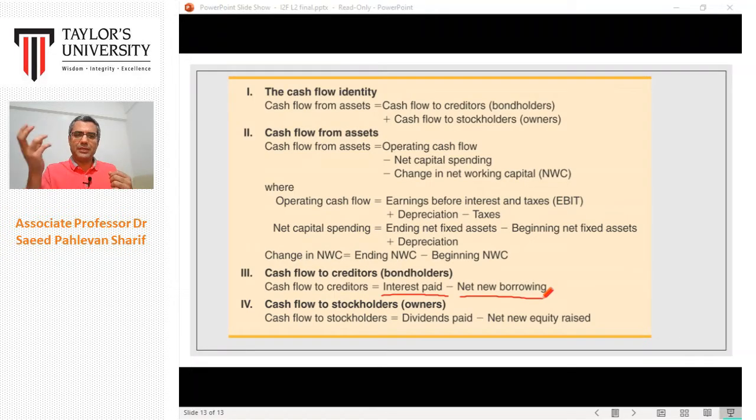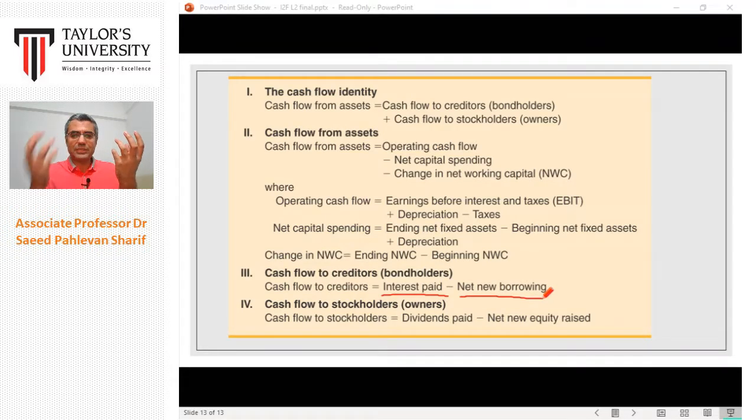You see, it's like this. Okay, here is the company, and here are the creditors, those who provided loans to the company, those who are lending money to the company. Now, how to compute cash flow to creditors?